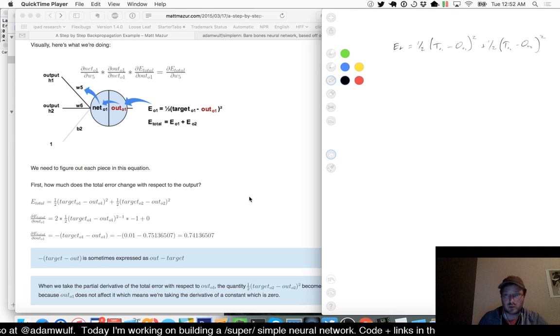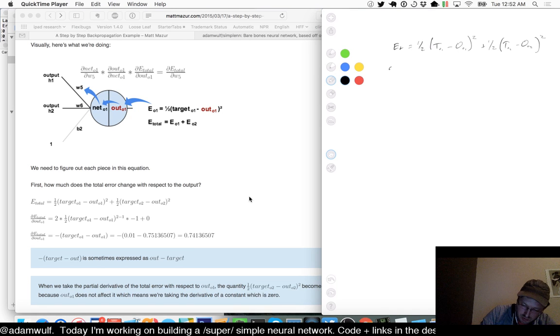Now what we want to do is take the derivative of E total with respect to output O1, right?